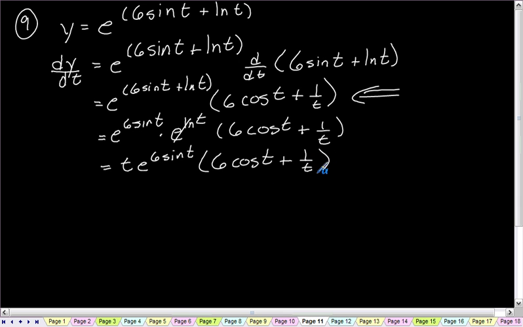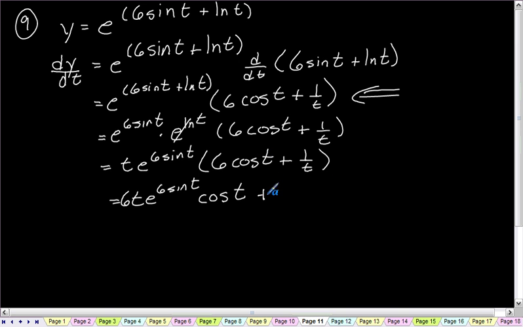Now if we distribute this, take this thing on the outside, distribute it to everything on the inside. For the first part, we're going to get t e to the 6 sine of t times 6 cosine of t. That's when I distribute this to this part here. Then I'm going to distribute this to this part here.